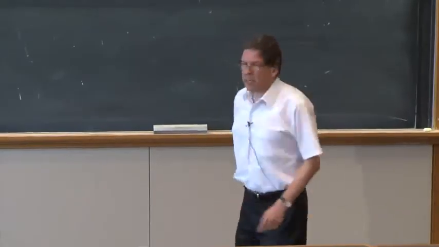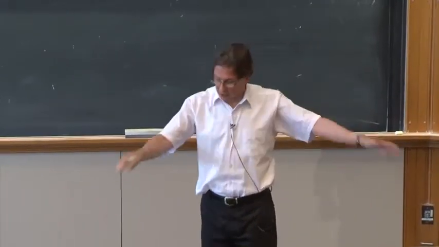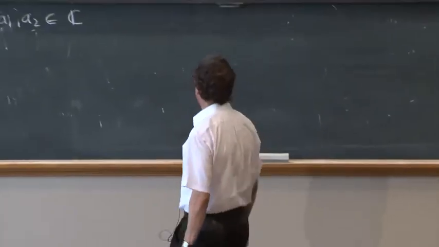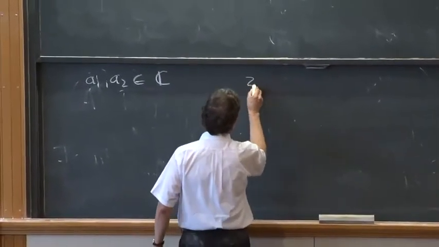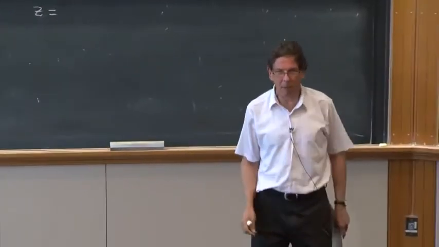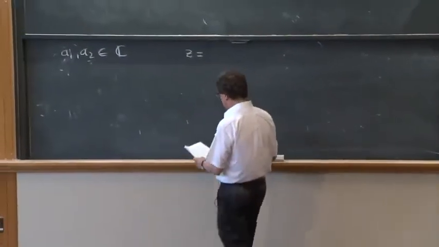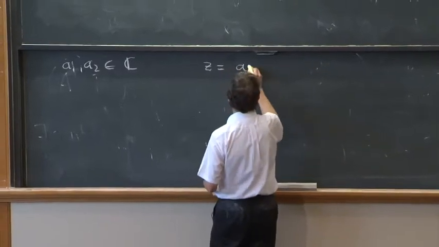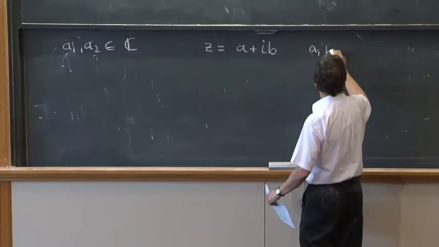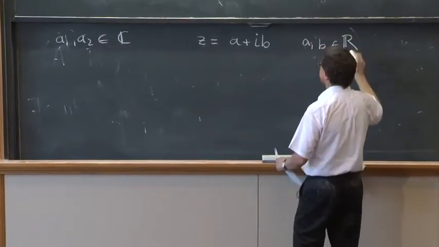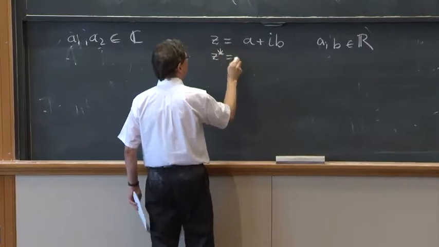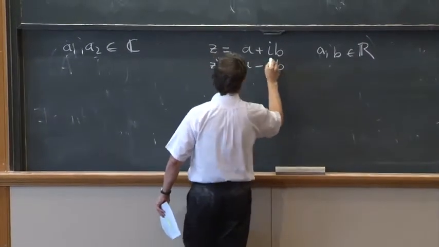As far as complex numbers are concerned, the first thing you just need to know is the definition of the length of a complex number. So if you have z, a typical name people use for a complex number, having two components, a plus ib, where a and b are real, there is the definition of the complex conjugate, which is a minus ib.